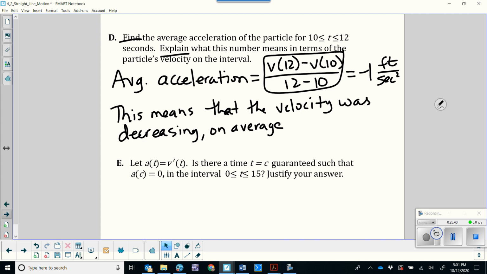Decreasing on average, because this is average, at a rate of decreasing, so remember, don't put negative, at 1 foot per second squared. Okay, so make sure you say decreasing at 1 foot, don't accidentally say decreasing at negative.